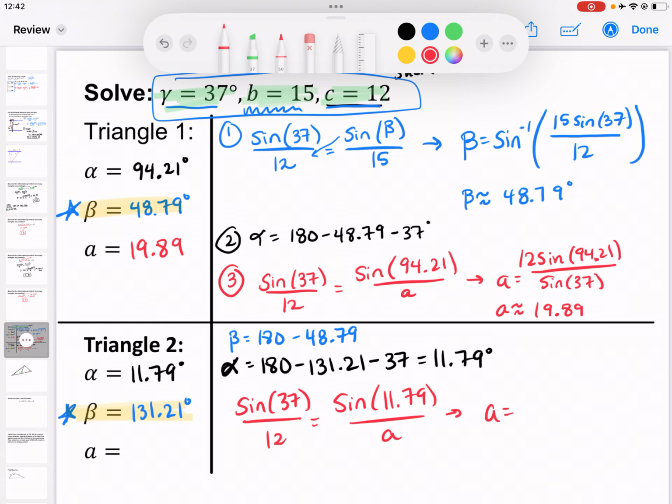Notice I didn't change that. So a is going to be 12 sine of 11.79 over sine of 37. And then you're going to type that in. Since it's so close to the original one, I'm just going to change a few numbers out, and I get 4.07.